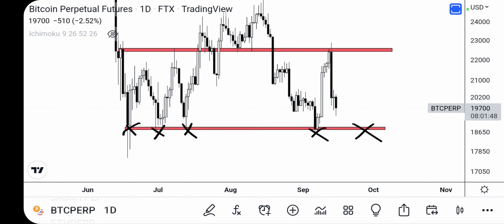So we want that level to be violated before we call it a perfect move to the downside. So yeah, I'm going to update the ETH. I know a lot of people were waiting for the ETH video because of the merge, but I think if BTC dumps heavily, ETH should follow, and ETH would also dump massively.